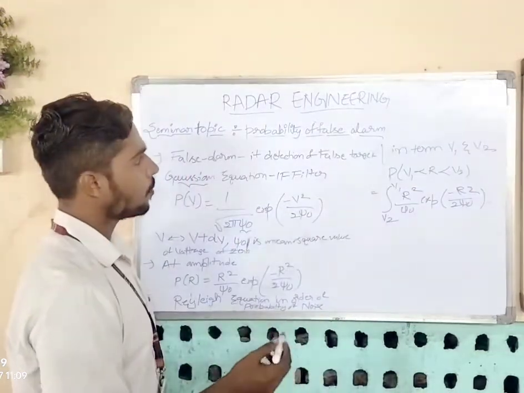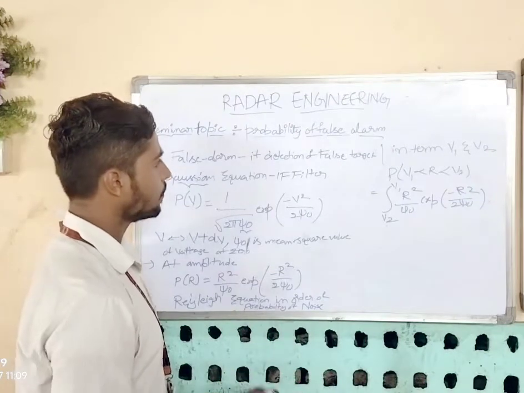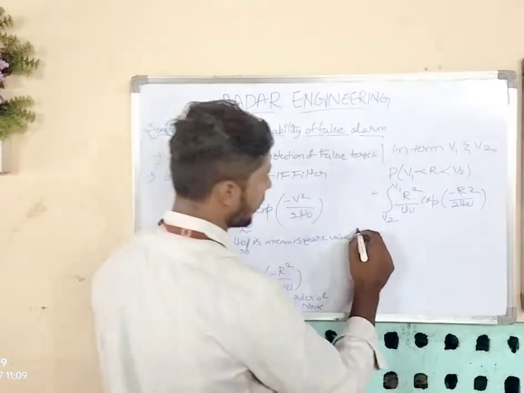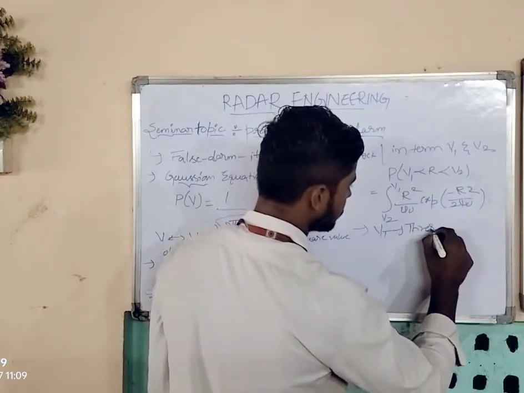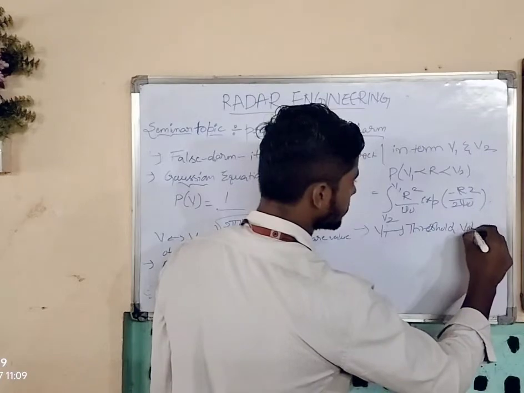We all know that. Let us take the probability of finding the false alarm based on a threshold, given as Vt. Let us take Vt as the threshold voltage.